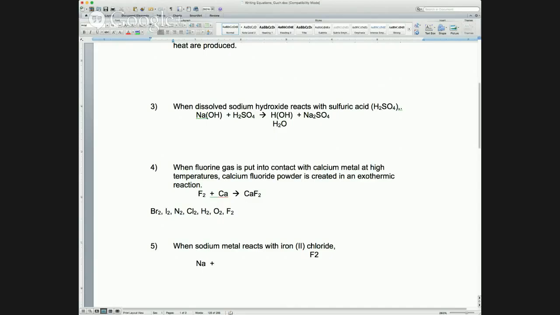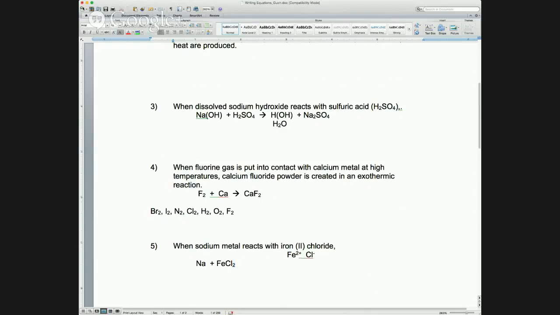So the Fe 2 plus, and the chloride is a 1 minus. So I'm just going to make those superscripts. And when you do swap and drop, you end up with FeCl2, because the 2 comes down from the iron to the subscript on the Cl.